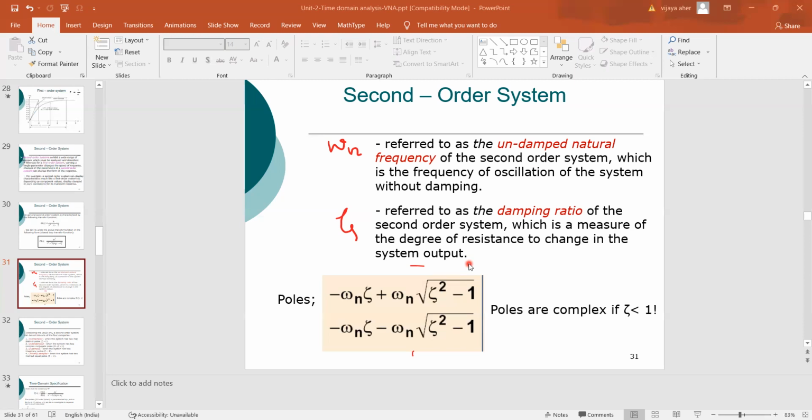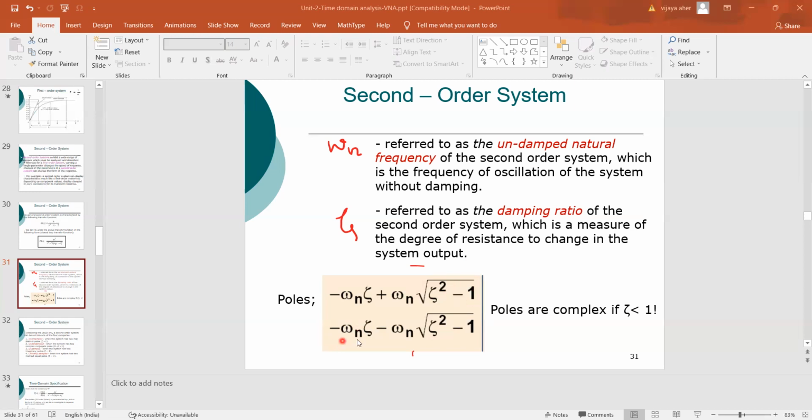Okay, now poles for second order system you will get like this. You know the transfer function equation. From that transfer function equation you have to find poles, so you'll get the equation for poles for second order system in terms of omega n and zeta: minus omega n zeta plus omega n under root of zeta square minus 1.